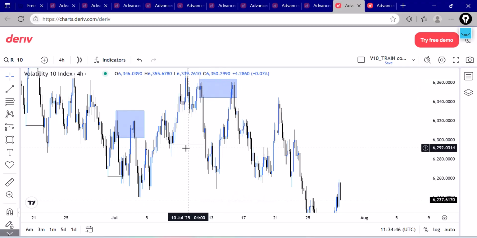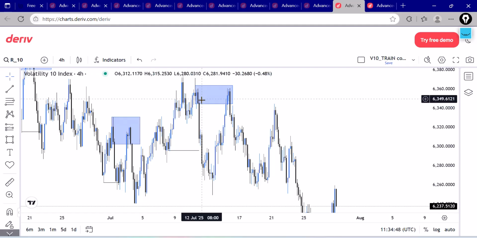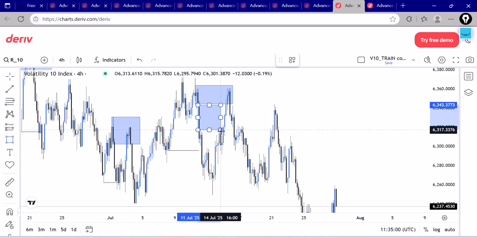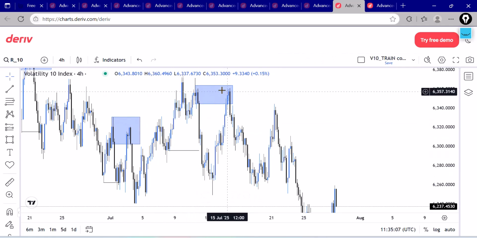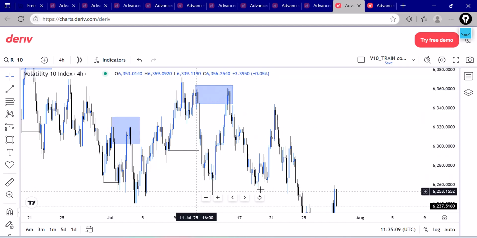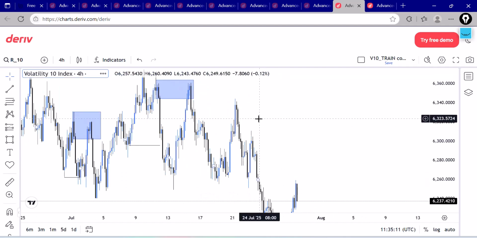This is the last down candle that caused the break of structure, and then in between this candle, this one and this one, there's that price inefficiency, so that's imbalance. That tells us that this is a valid supply zone. See what happened. Price came in, rallied, got to that point, and it sold massively.